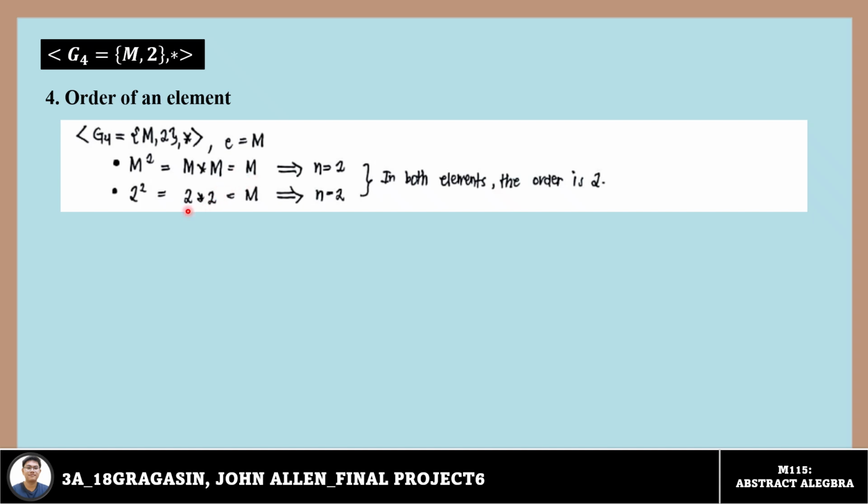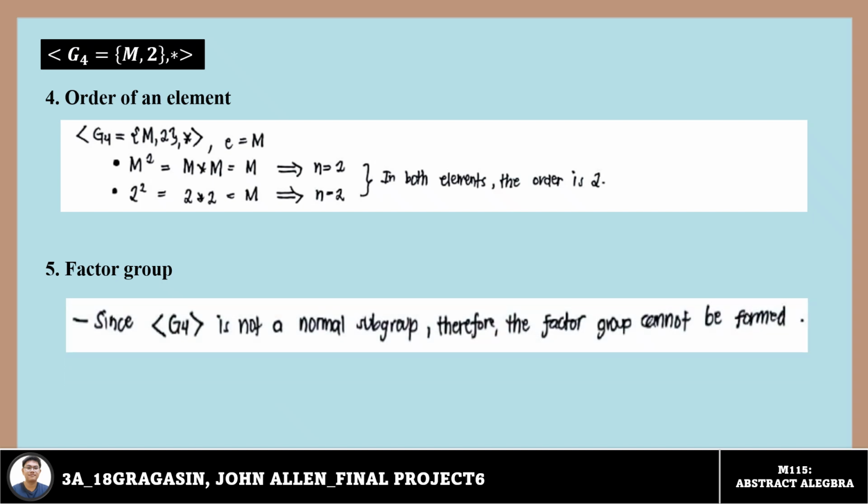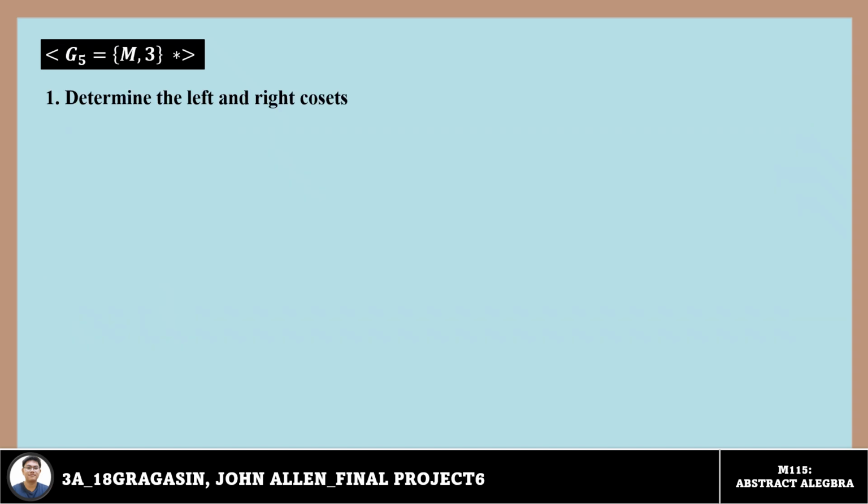It is the same as the element 2. That is why the order of our element M is 2, and then the order of our element 2 is 2 as well. And then for our factor group, since G sub 4 is not a normal subgroup, therefore the factor group does not exist.